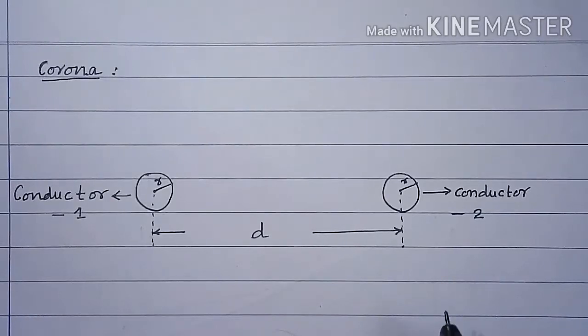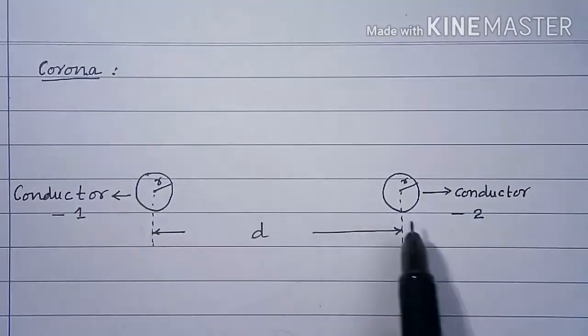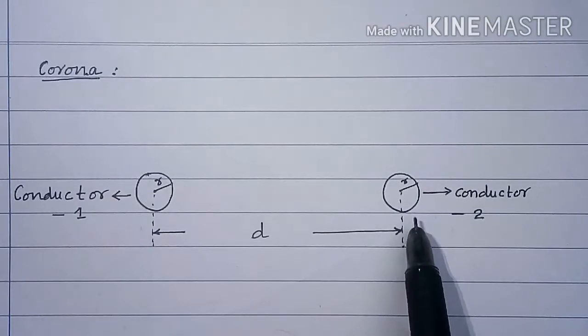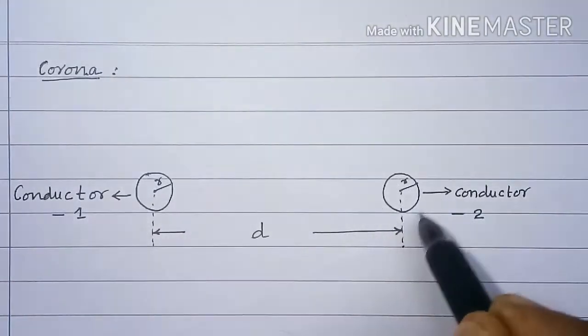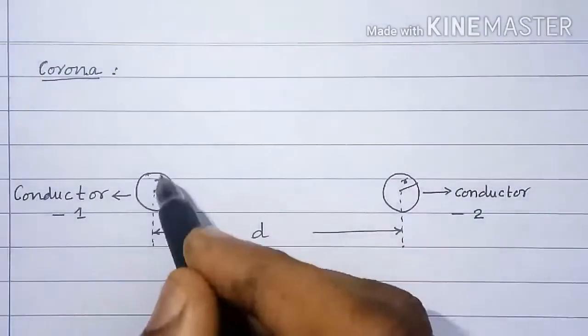Now here, the two conductors carrying current will be having charges flowing through them. Therefore, they will also be having a field around them.